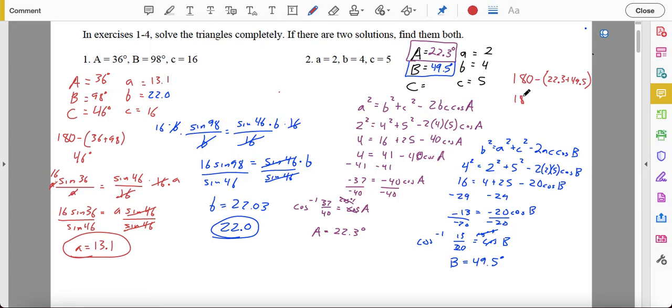And we get 180 minus, what is that? 61.8. So we get 118.2.